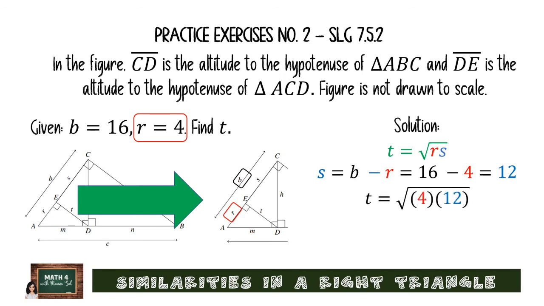Now that the values of both R and S are known, we can easily plug them into the equation T is equal to the square root of the quantity of R times S. This gives us T is equal to the square root of the quantity 4 times 12. Simplified further, this is 4 square root of 3. So, the length of the altitude T drawn to the hypotenuse is 4 square root of 3 units.